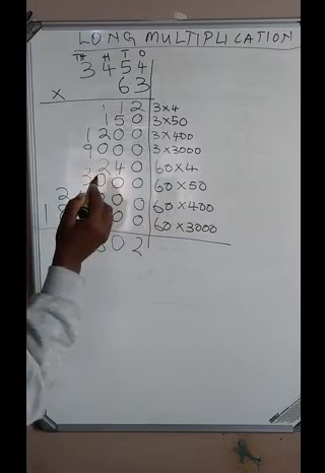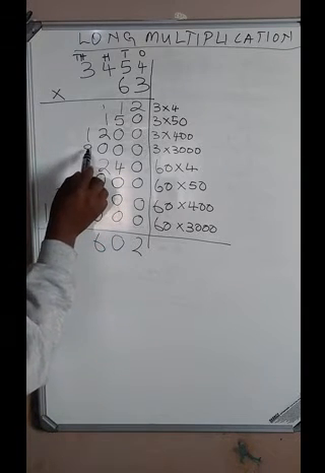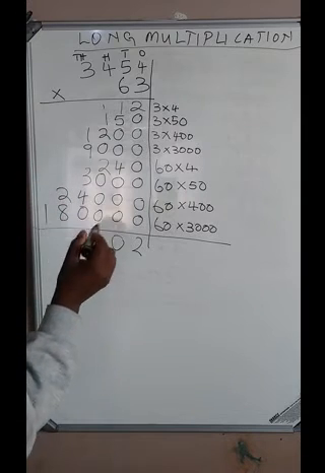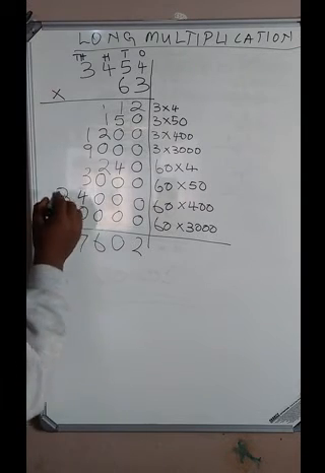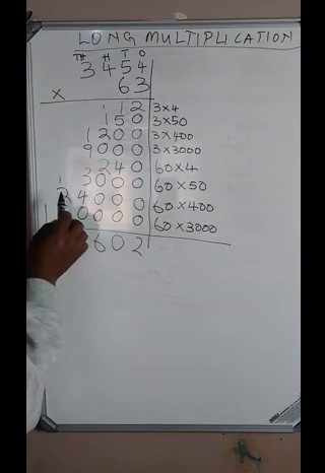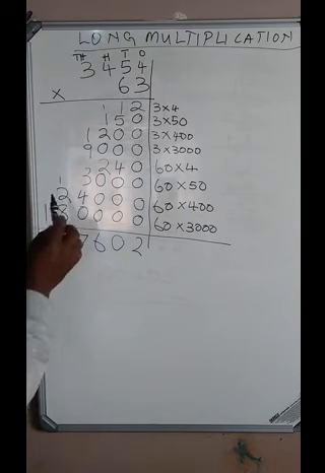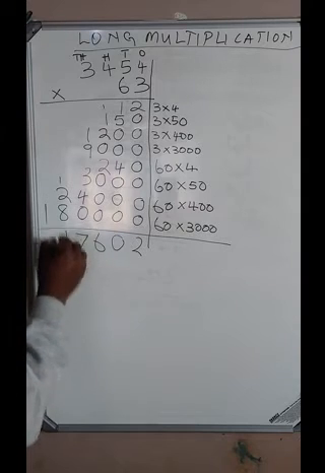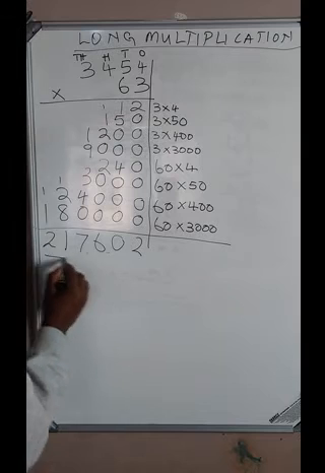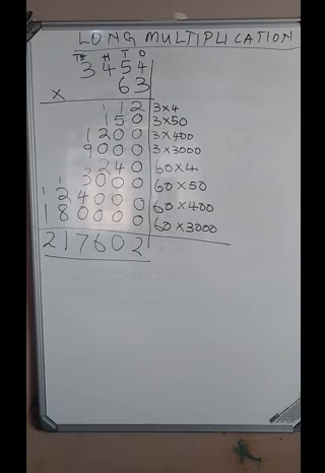So you write 6. 1 plus 9 is 10. 10 plus 3 is 13. 13 plus 4 is 17. You write 7. You carry 1. 1 plus 2 is 3. 3 plus 8 is 11. You write 1. You carry 1. 1 plus 1 is 2. So you have finished. This is the correct answer.